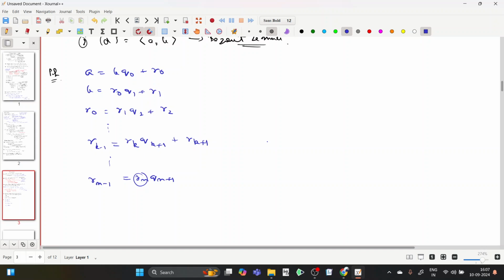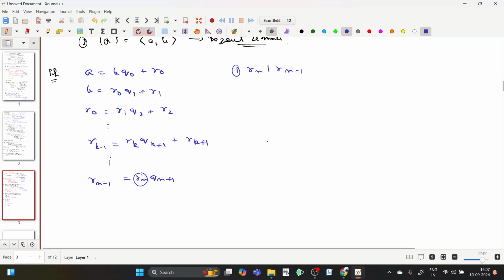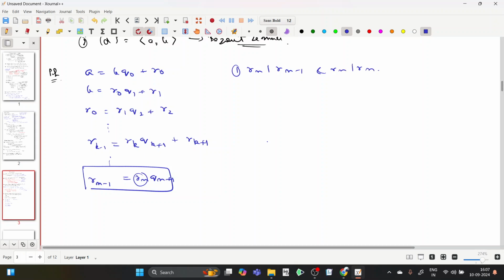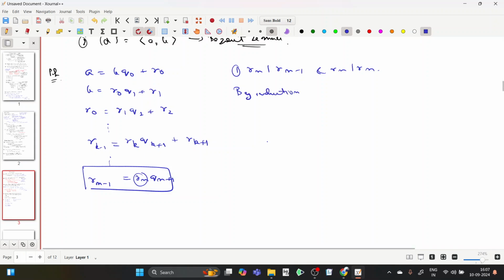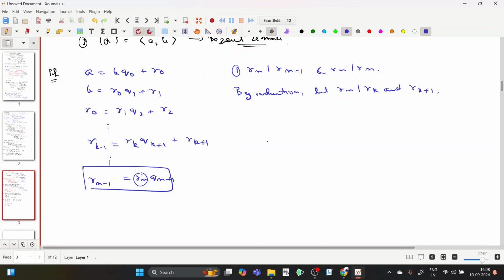How do I start? The first point is that Rn divides Rn minus 1, which is observable from the last statement of the division algorithm, and Rn divides Rn itself. What I'm doing is following a sort of induction. By induction, let Rn divide Rk and Rk plus 1.